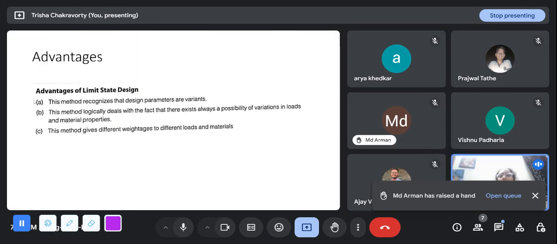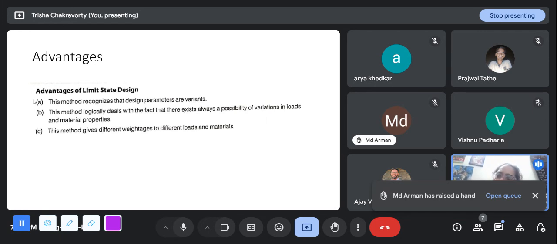See, the method recognizes that design parameters are variable. This means that the reliability that I talked about deals with uncertainties of parameters. Like I said before, we are saying that this steel section has a yield strength of 250 megapascal and an ultimate stress capacity of 410 megapascal.